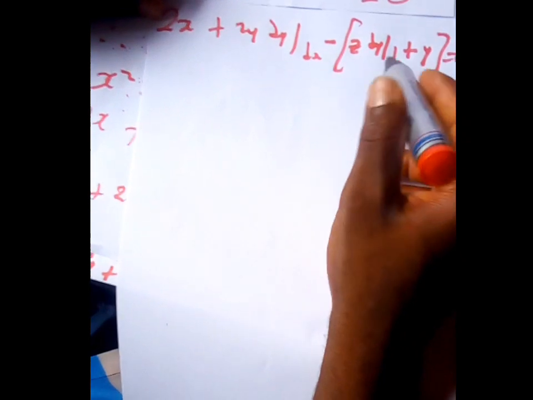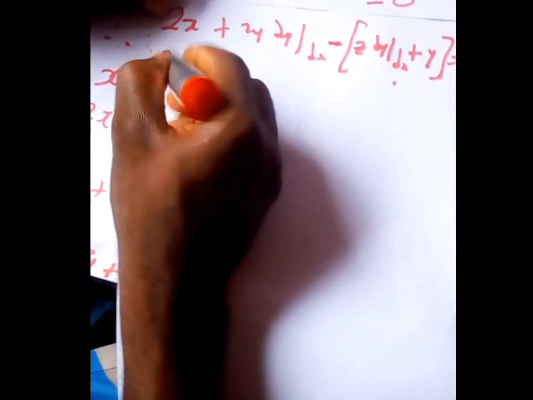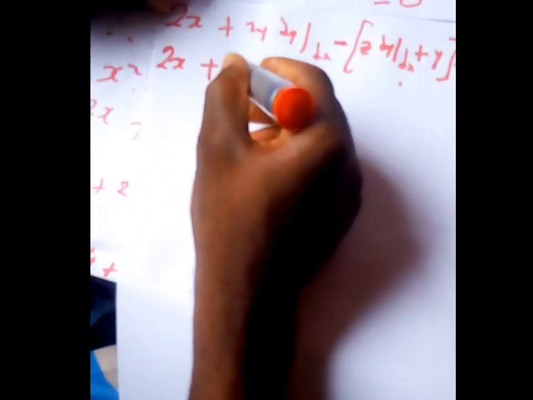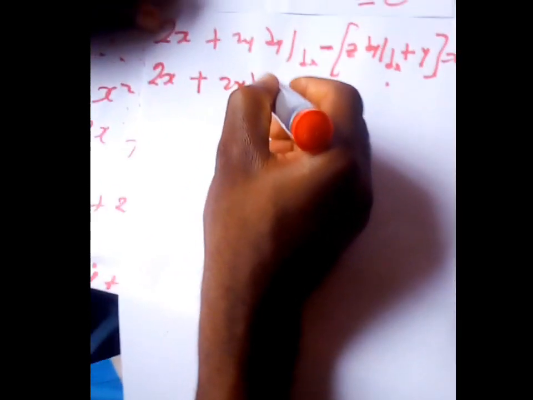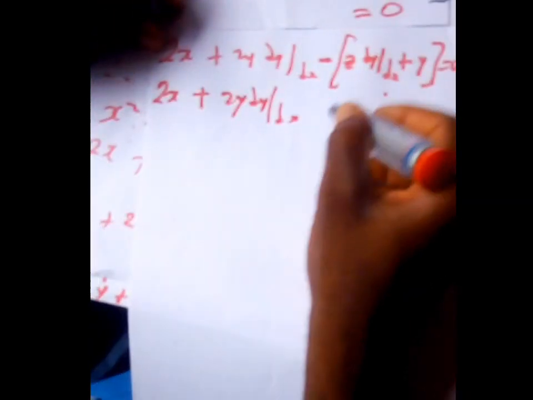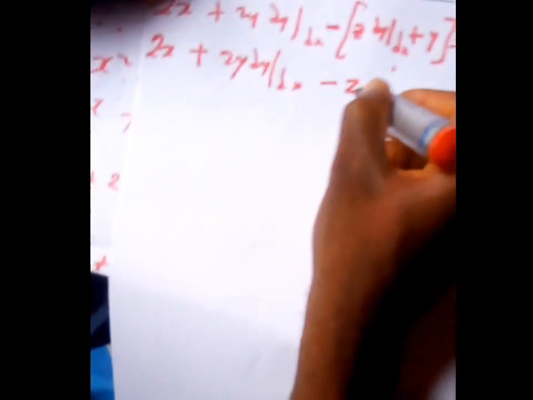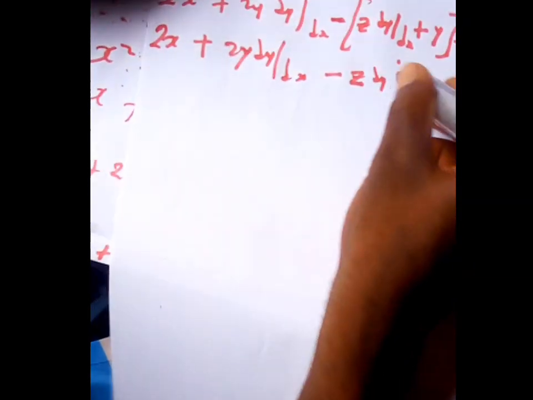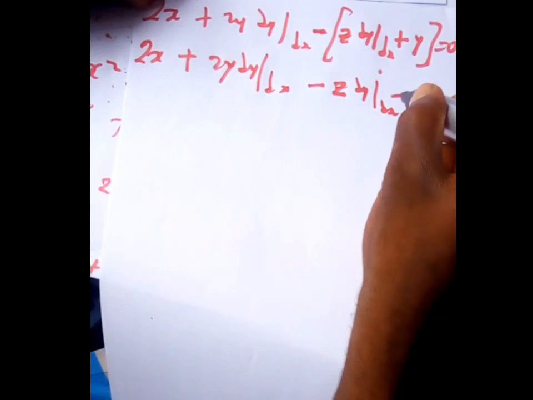Opening this bracket with this negative sign, we will be having 2x plus 2y dy dx minus x dy dx minus y equals 0.